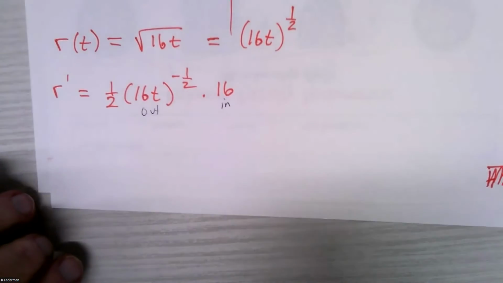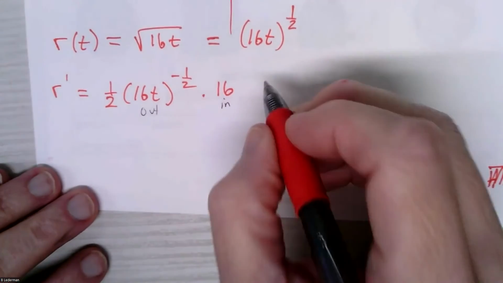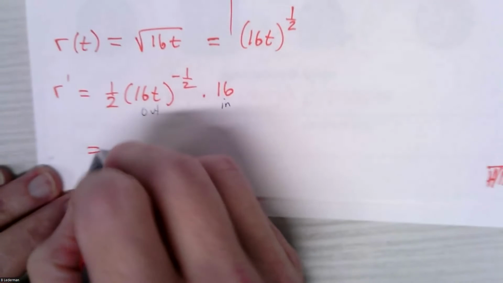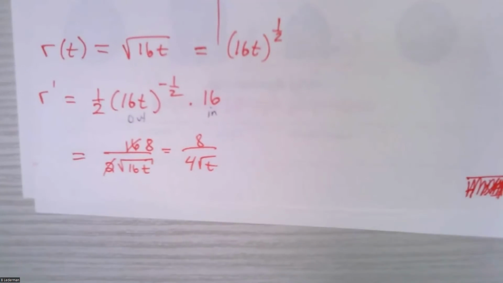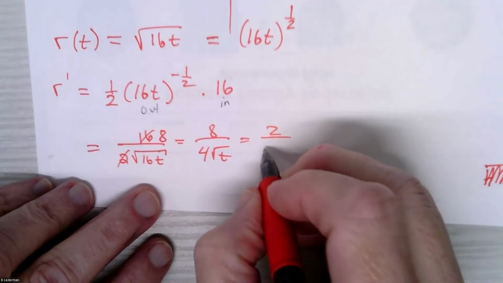And now let's just make this look a little bit nicer. So this is equal to 1/2 radical 16t times 16. And that cancels right away. That becomes an 8. But I could do a little bit more because the square root of 16 is 4, so it's 8/4 radical t, which is equal to 2 over radical t.